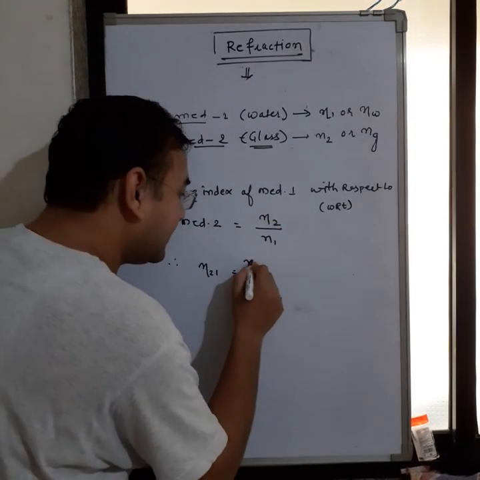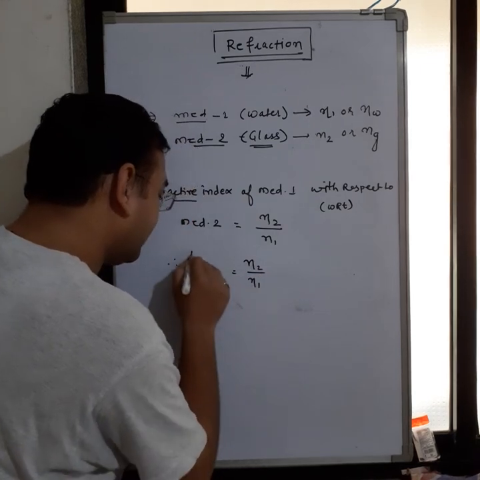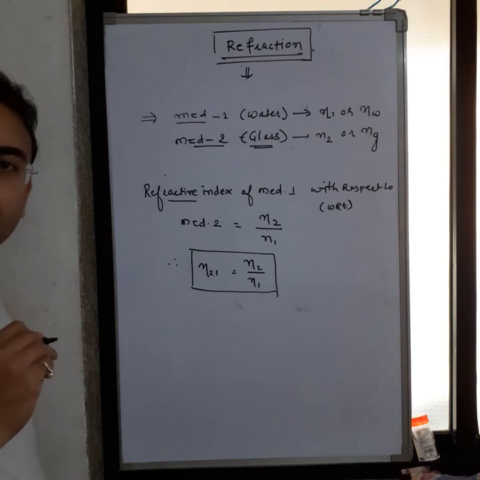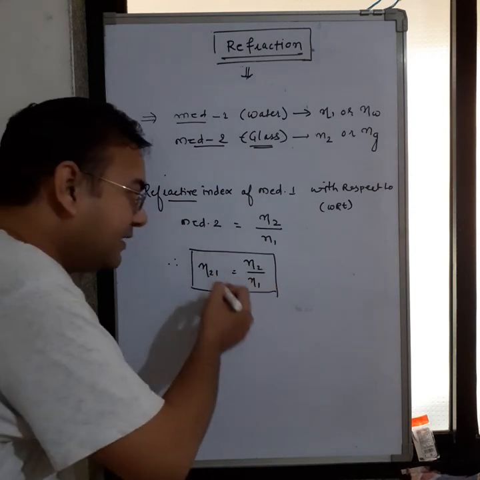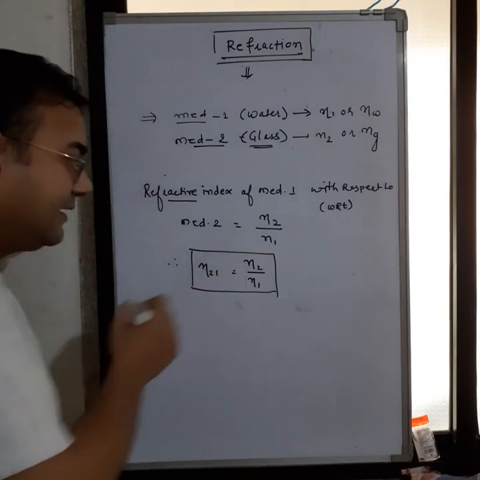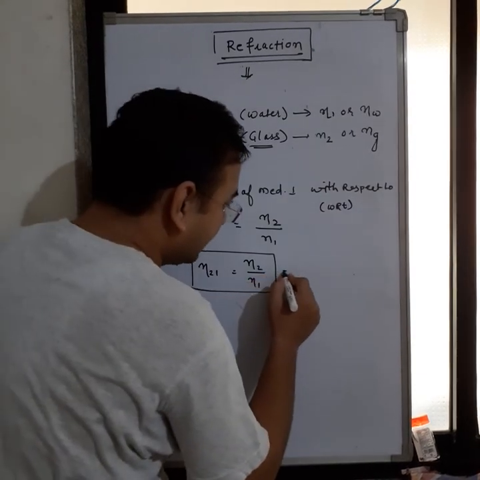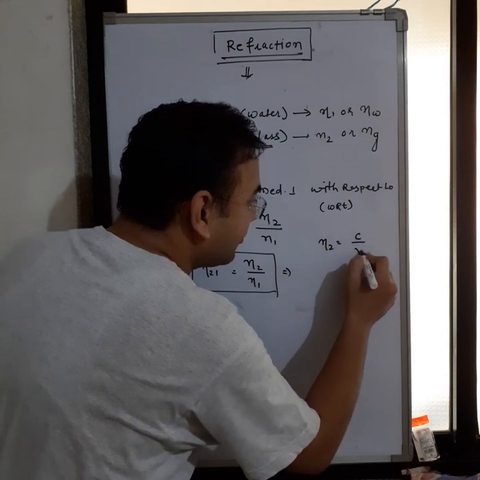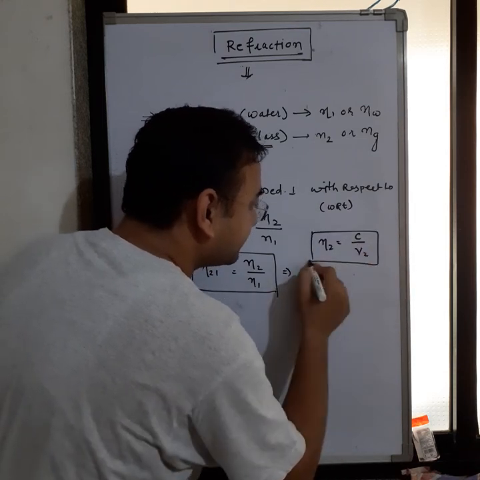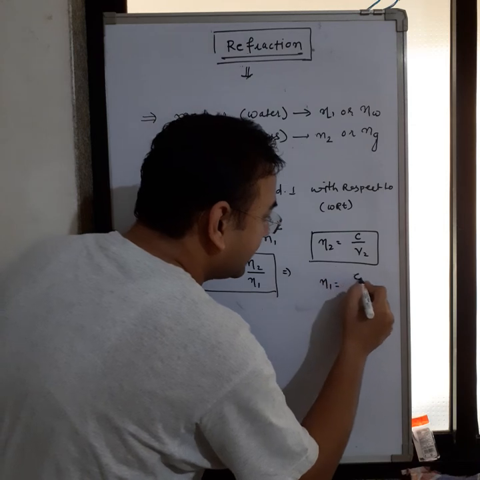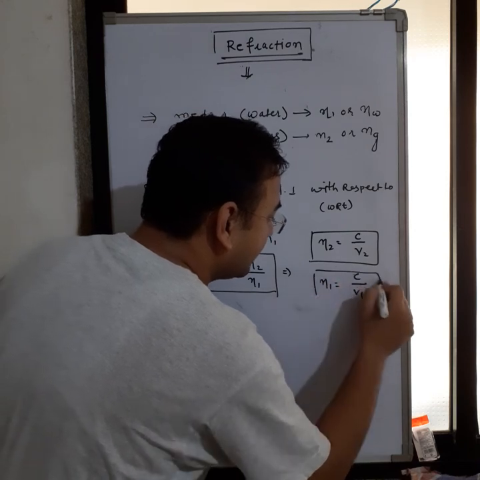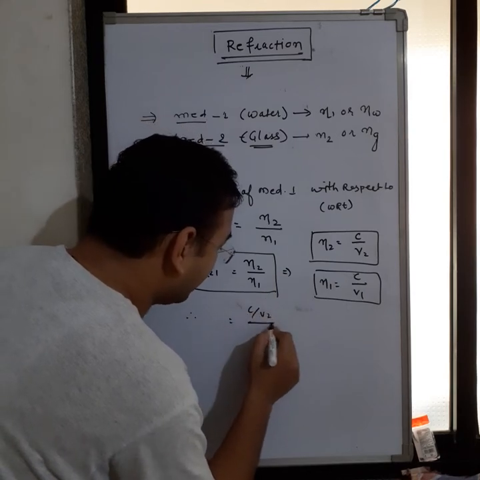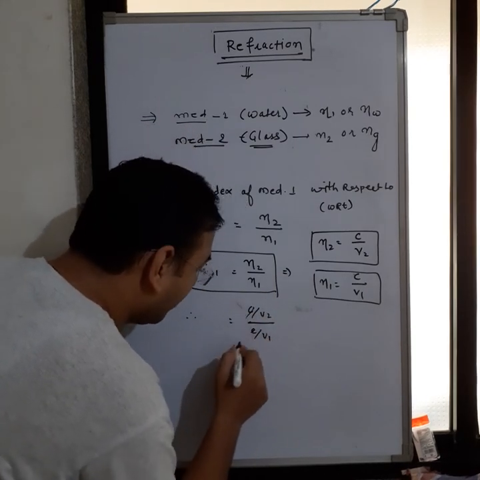Eta 21 means eta 2 upon eta 1. In detail, eta 2 means C upon V2, yes or no? Eta 1 is C upon V1. So C upon V2 divided by C upon V1, the C's are cancelled.